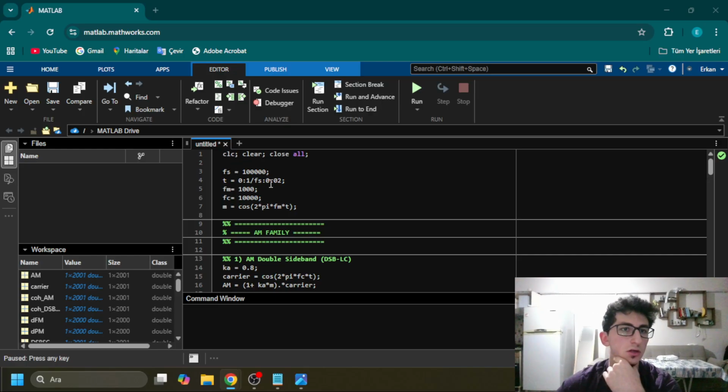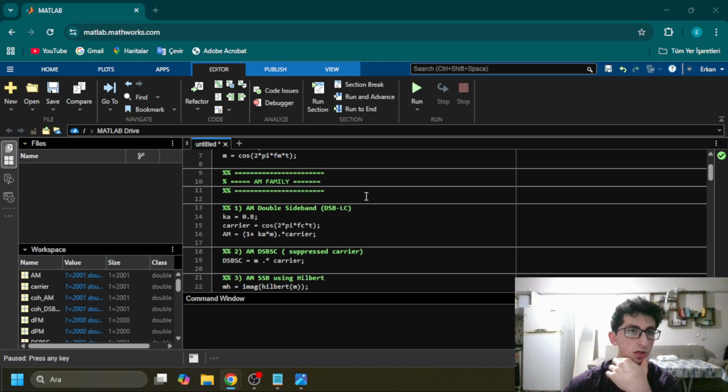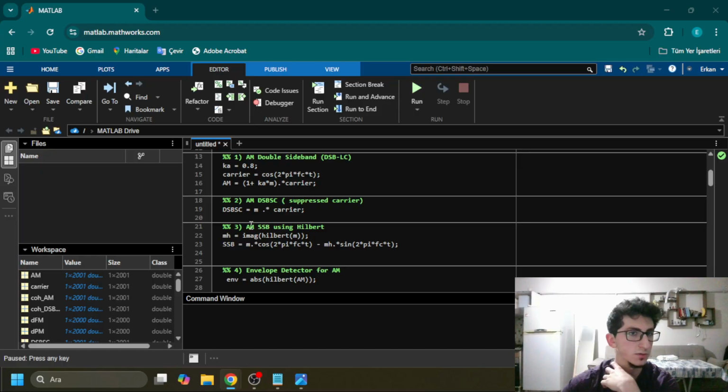It says clear, close all, we close everything on this page. It was clear. I've created it now, but if there was something on our page, this code will clear everything, and we make our definitions in here: time, f carrier, message signal, and AM family, k 0.8, carrier cosine, it's a formula, and the other formula is DSB-SC.